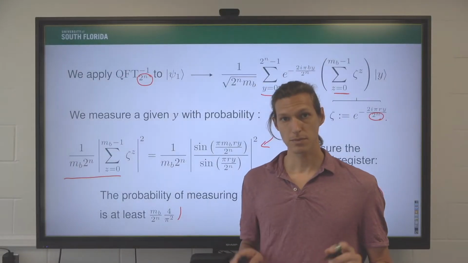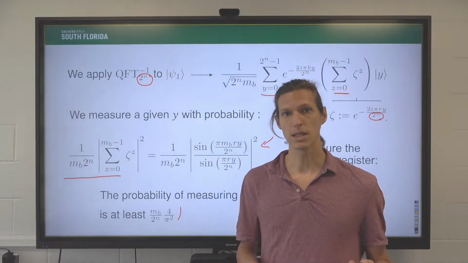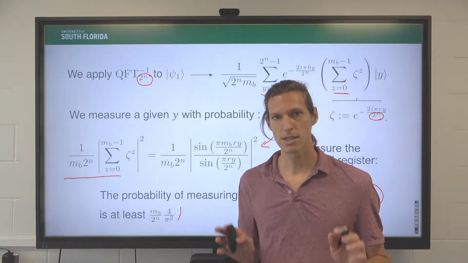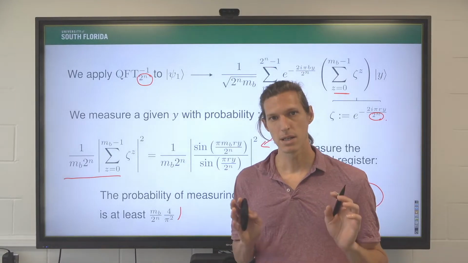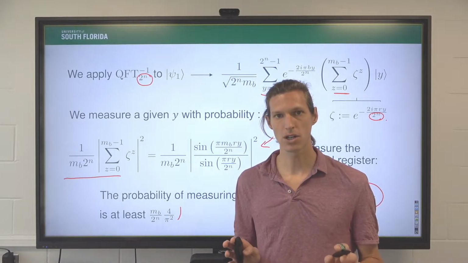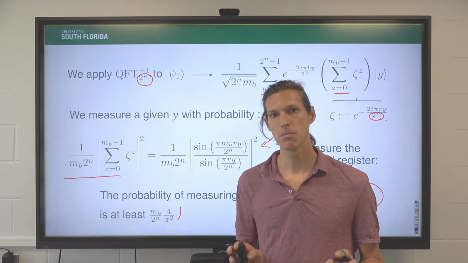So far, we do not know exactly what that probability is, and that's because we need to adjust the number of qubits, lowercase n, so that 2 to the n is large enough to make that probability meaningful.